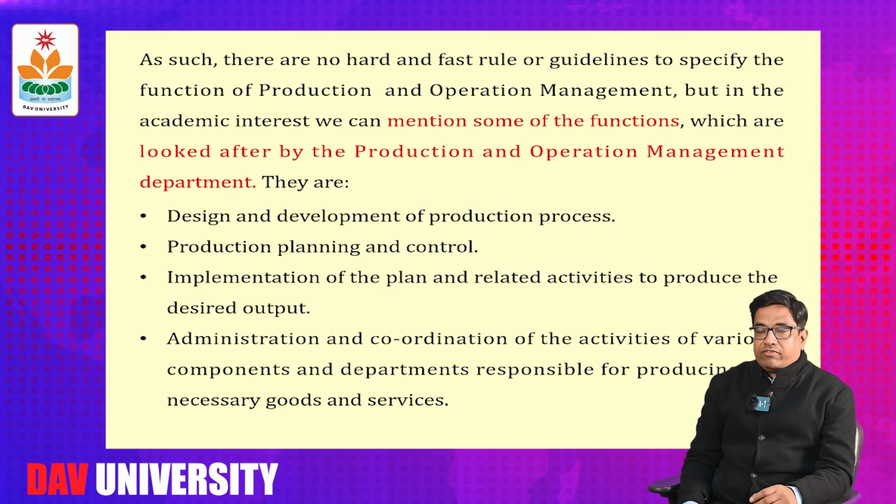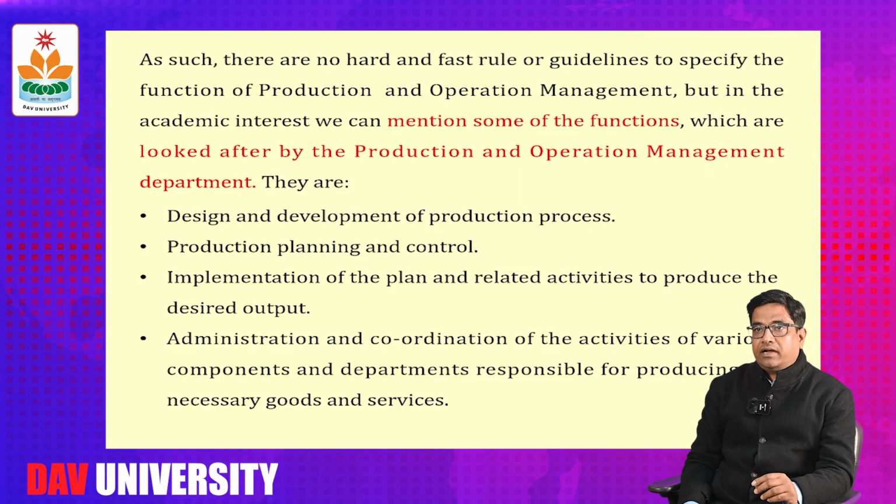There is no hard and fast rule or guideline to define the functions of the production and operation management department or manager. But still, for academic interest, we can lay down some of the functions performed by the production and operation manager.